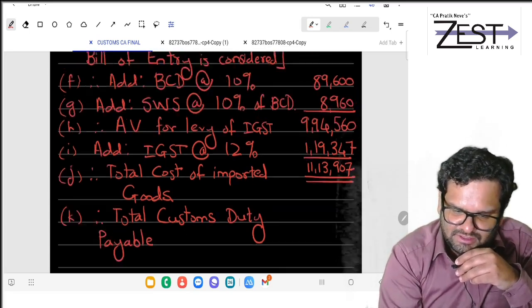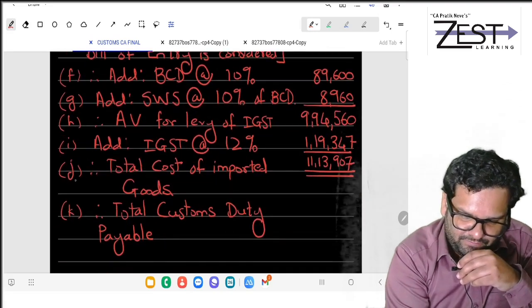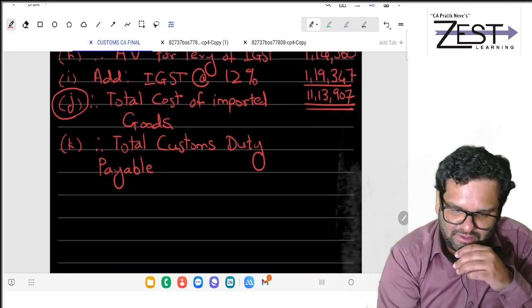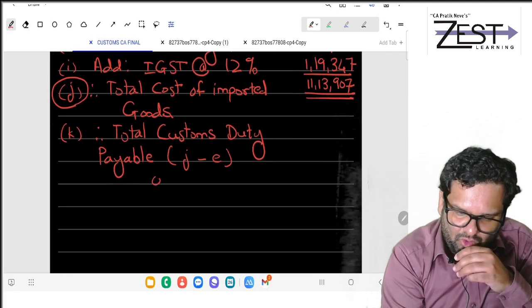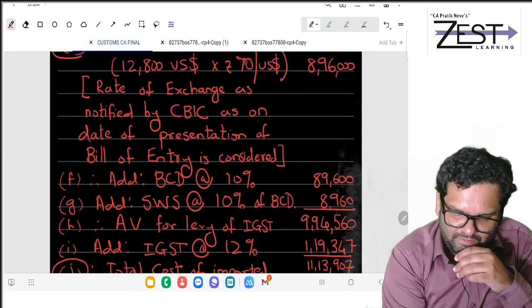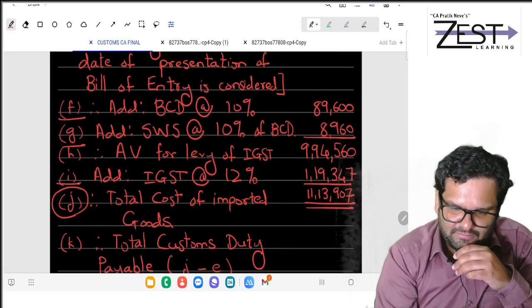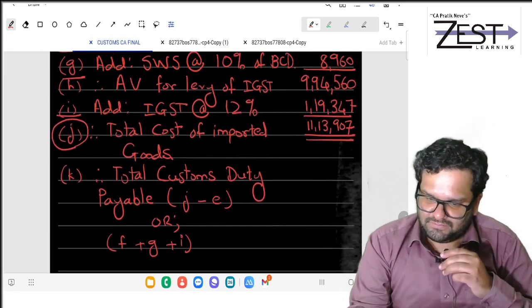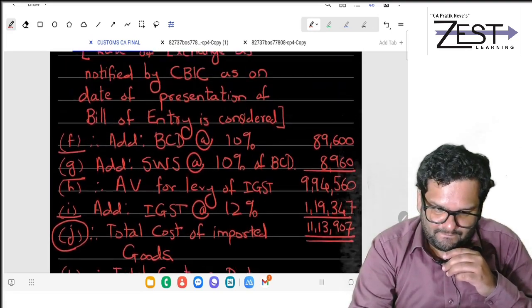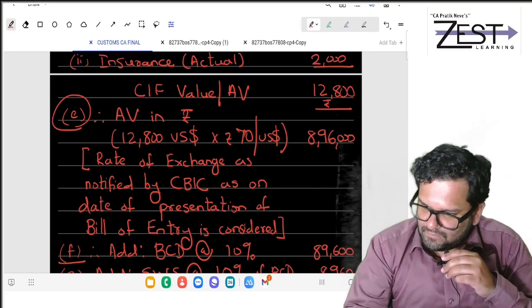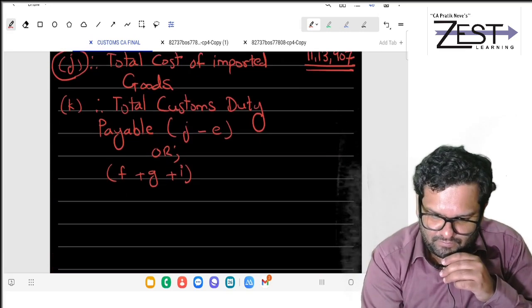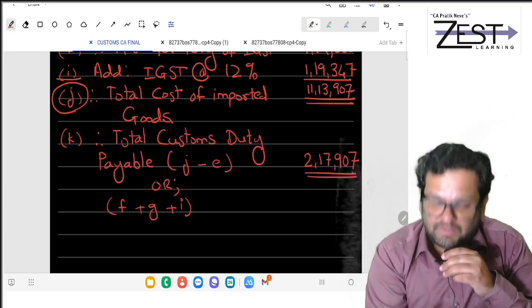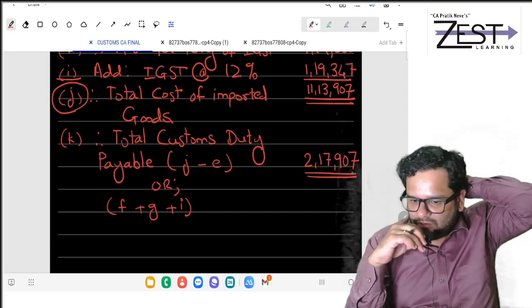So that shall be, can I just write in short, J minus E, J minus E, or F plus G plus I. Please get it. What is the figure? 2,17,907. Perfect.